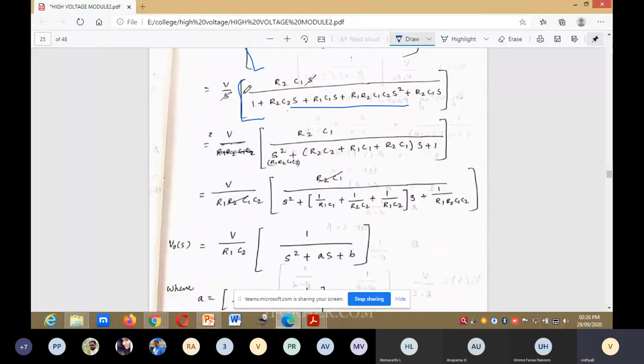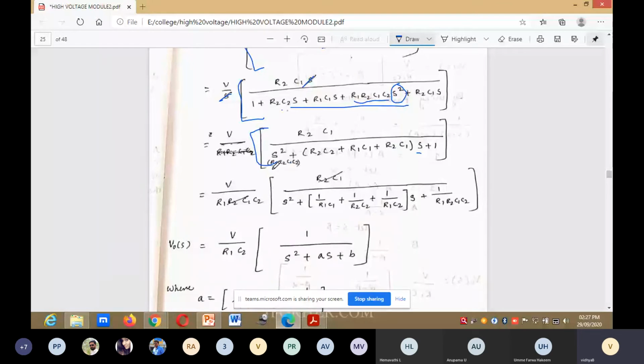After multiplying, you will get this one. V divided by S, here S gets cancelled, so V into open bracket R2 C1 divided by S square. First they have taken S square, plus here R1 R2 C1 C2, then R2 C2 plus R1 C1 plus R2 C1 close bracket, with S common from the three terms, so they have taken S common.